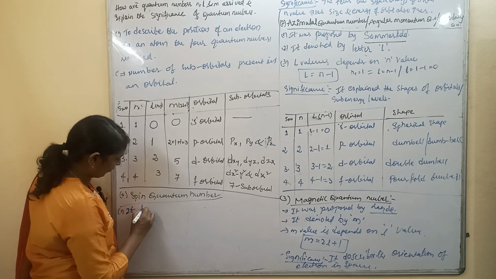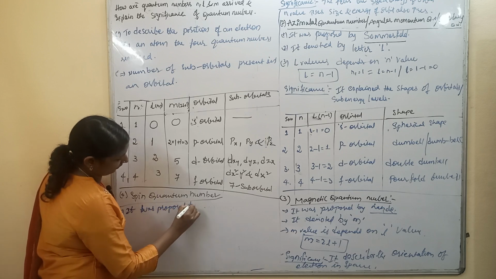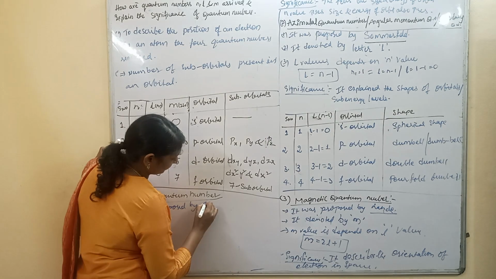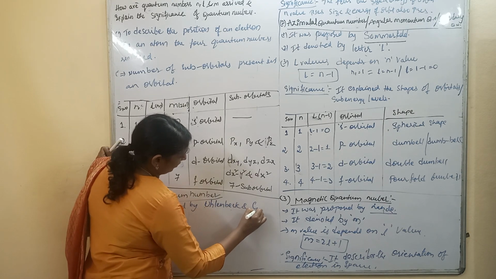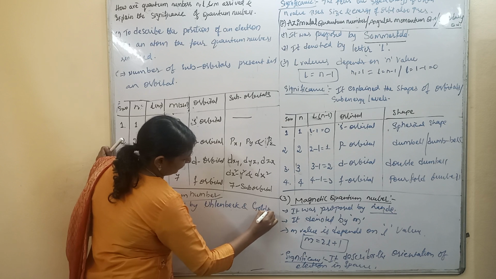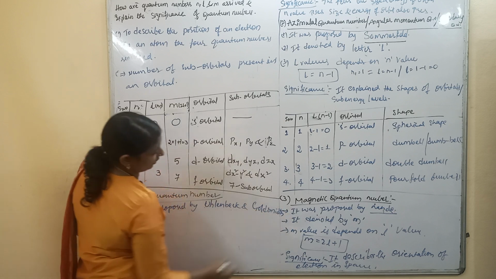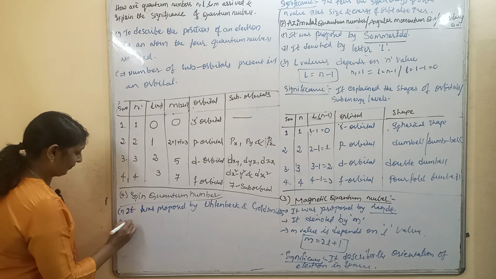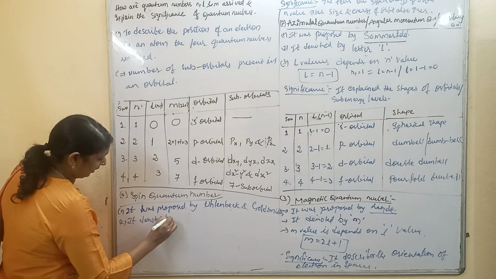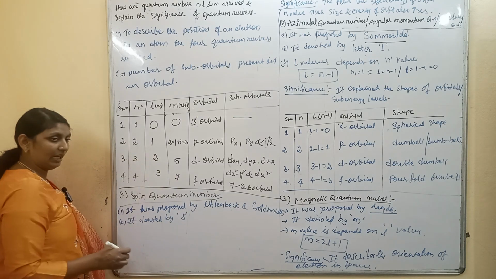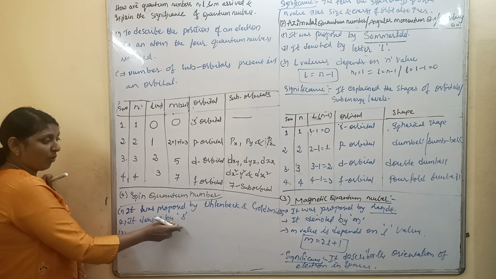First of all, it was proposed by Uhlenbeck and Goldsmith. Next, second point, it is denoted by the letter small s. Third one, what is the value of small s?